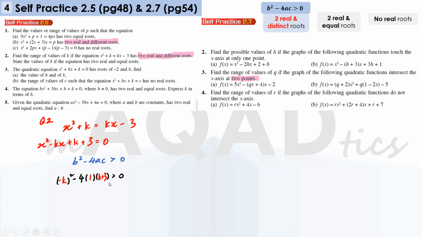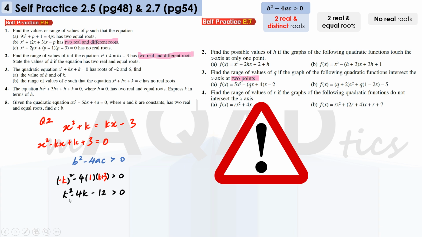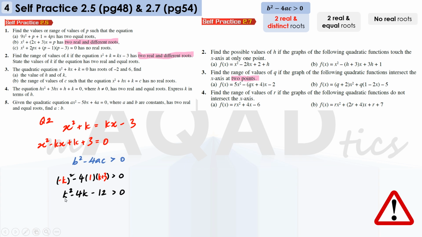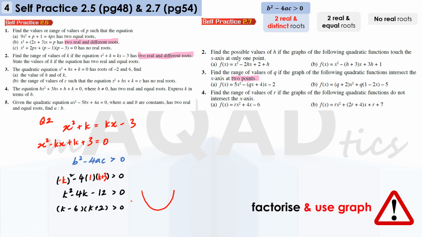Then we expand it out, rearrange a bit, and you realize that this is a quadratic inequality. Firstly, we need to factorize or use the calculator, and we find the 2 answers first, which is 6 and negative 2.